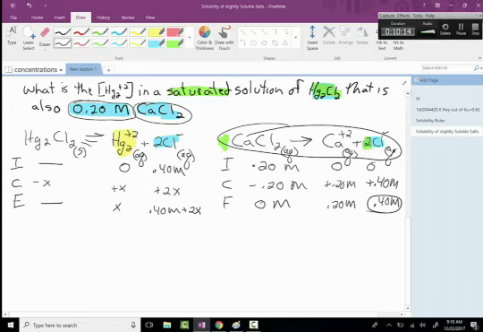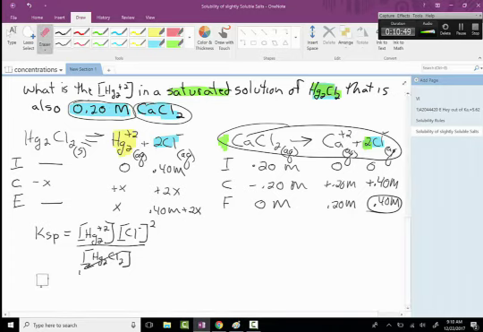Now, the KSP equation: KSP is equal to the concentration of mercury 2+2 times the concentration of chloride squared divided by the concentration of mercury 2 chloride, Hg2Cl2. This is 1, of course, and so my KSP, which is given, I can look that up.